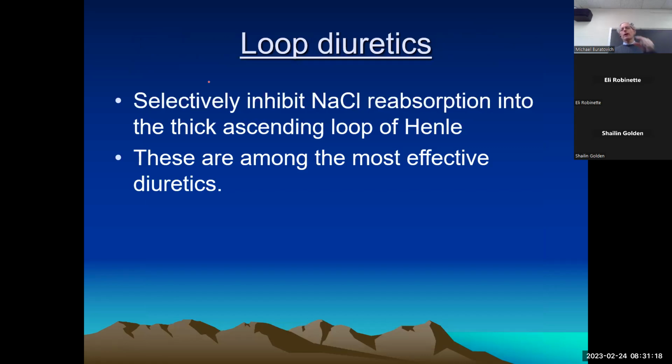Loop diuretics work in the ascending loop of Henle. The ascending loop of Henle has those powerful ion pumps that deplete the filtrate of all those ions. Once the filtrate then gets to the distal convoluted tubule, the electrolyte concentration is quite low inside the filtrate.